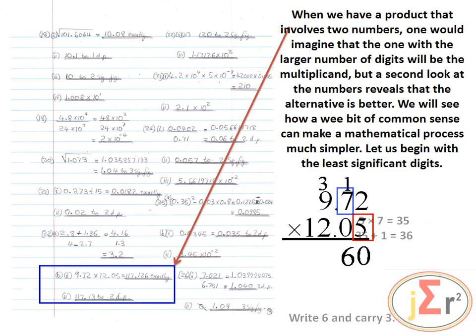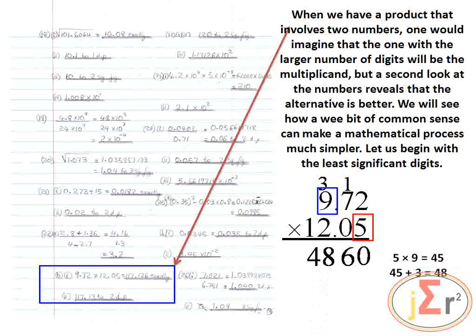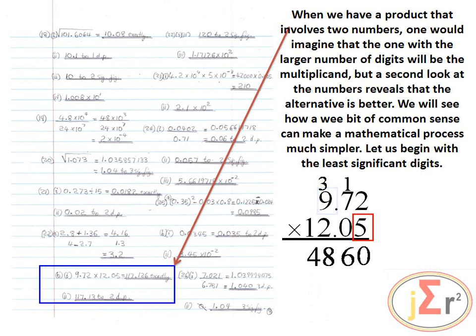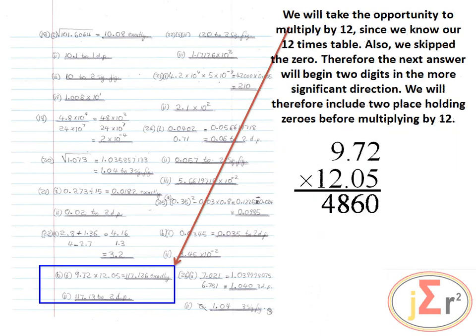Then what? It's not bad now. 5 times 9 is 45. 45 plus 3 is 48. Nice. That's a breeze. What about the next one on the next slide?